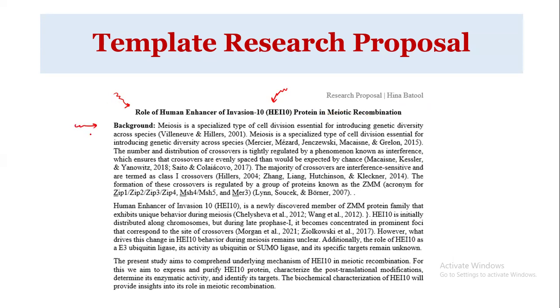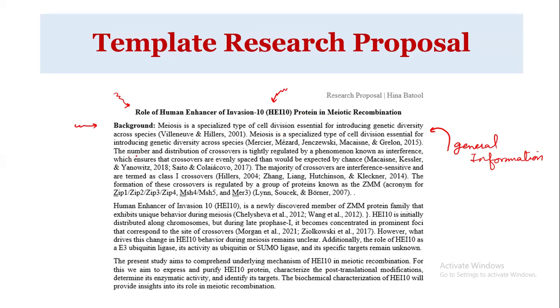And then there is the introduction or the background, where I have mentioned a series of information. The first one is general information, and my first paragraph is actually covering this section. Here you can see that I have mentioned that the process of meiosis is responsible for bringing genetic diversity across the species. So I am giving the general information about the topic.